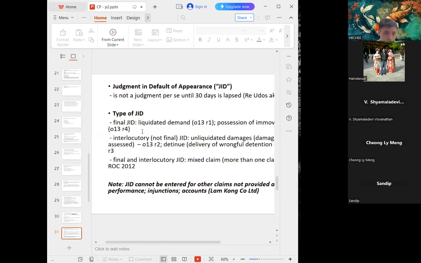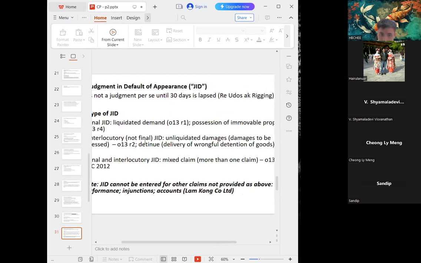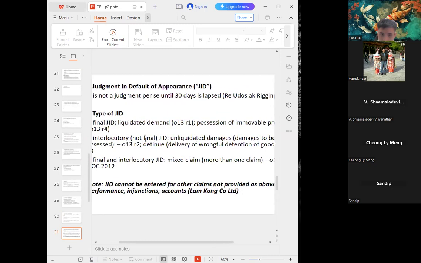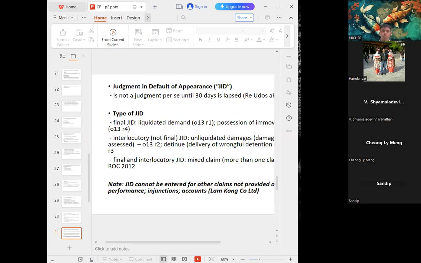Sorry, can you repeat your question again? Now, here they say proof of service. In Order 13, Rule 7, they say the judgment shall not be entered against the defendant under this order unless the plaintiff produces a certificate of non-appearance in Form 12. So when exactly do we have to give this particular certificate? Is it before the JID or how is it, sir?